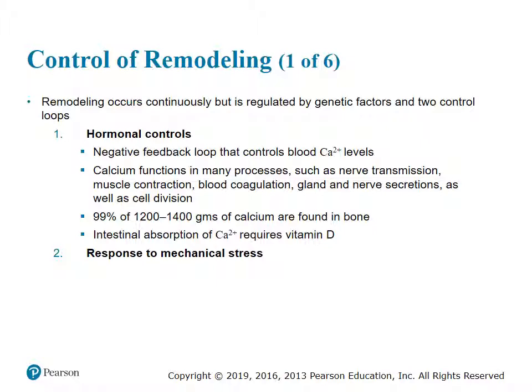Okay, so let's talk about this controlling and remodeling. This is in fact a feedback system. This is homeostasis in an example here, right? So we see number one, a hormonal control, right? This negative feedback system is monitored, or the homeostatic control is found, in the bloodstream. So the body is measuring how much calcium you have in the bloodstream.